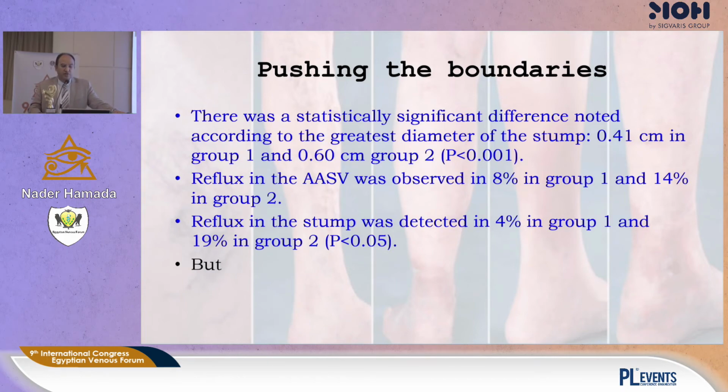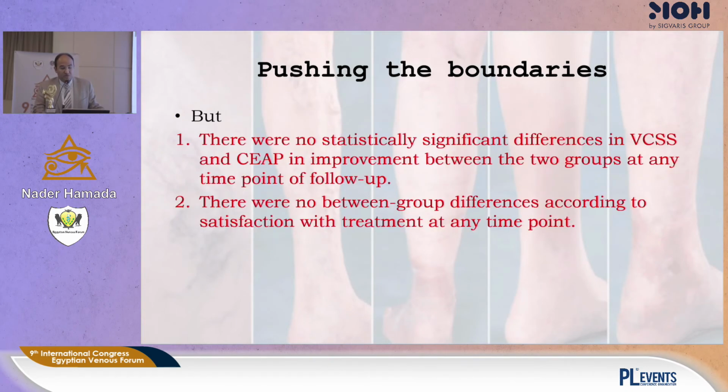And they mentioned that the reflux in the anterior accessory saphenous vein was observed in 8% in group 1 and 14% in group 2, which was statistically significant. And reflux in the stump was detected in 4% in group 1 and 19% in group 2. But again, this was radiological recurrence and reflux.